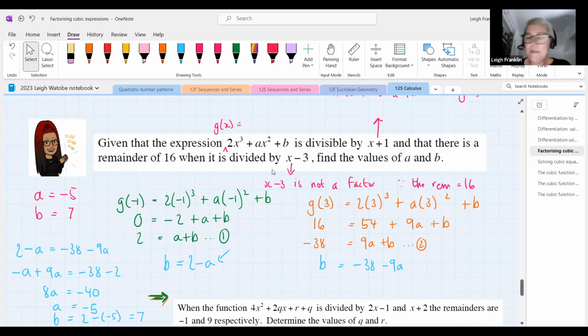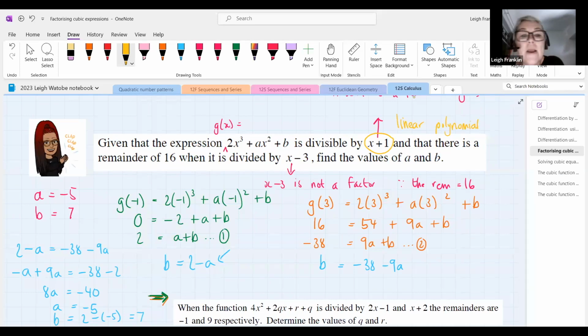In the example on the board, we would refer to x plus 1 as our linear polynomial, and g of x is our cubic polynomial. The easiest way to understand a linear polynomial dividing into a cubic polynomial is to use numbers.